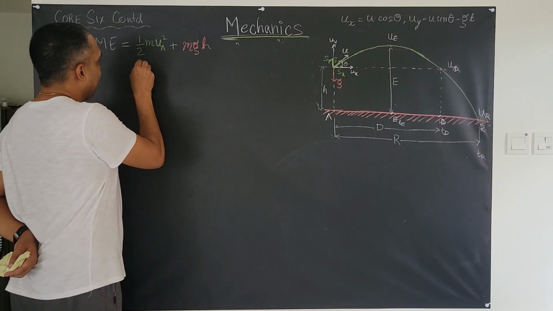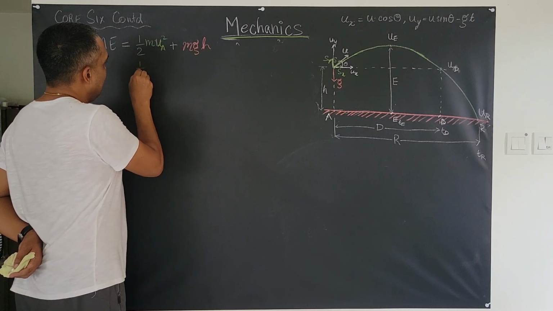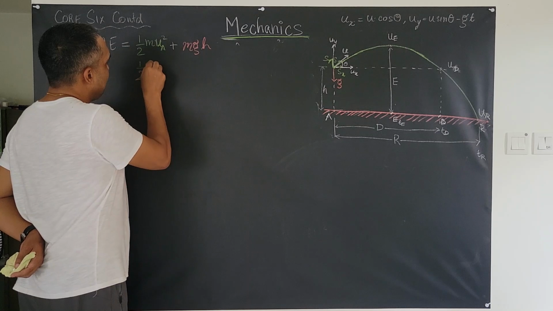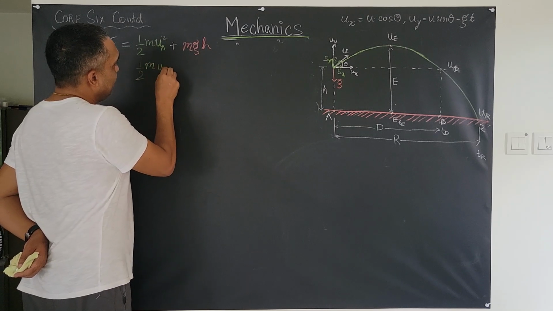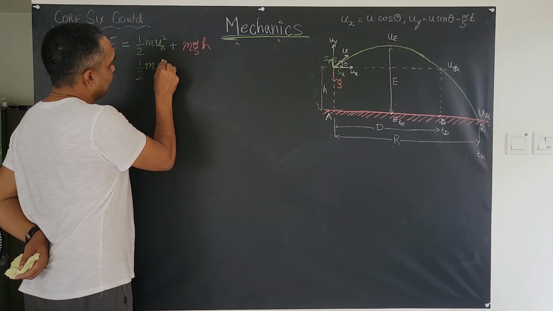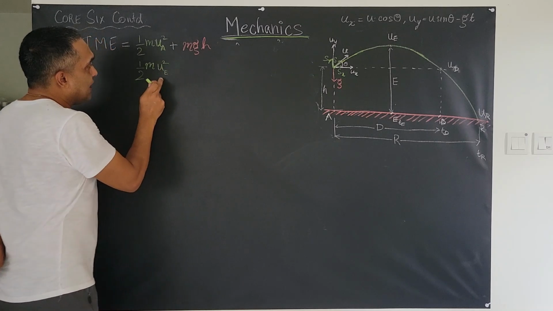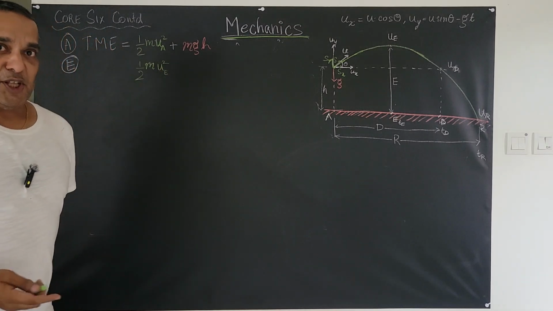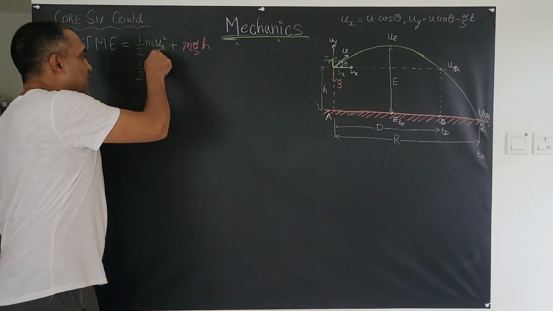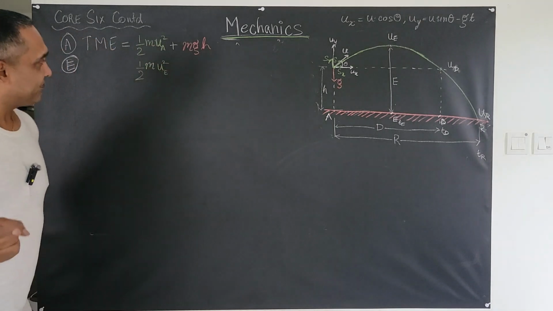Whatever that velocity is, mass hasn't changed, U at E. Now, we know from a previous calculation that U of E was just U of A cosine theta.